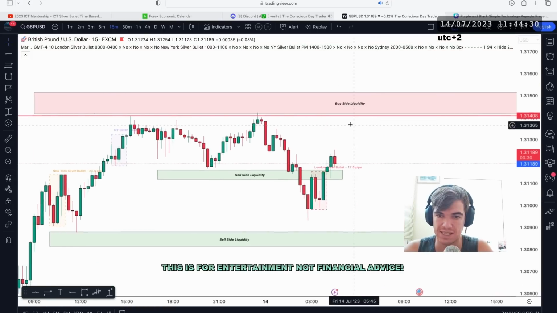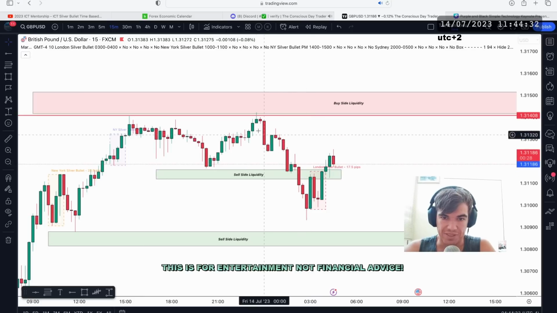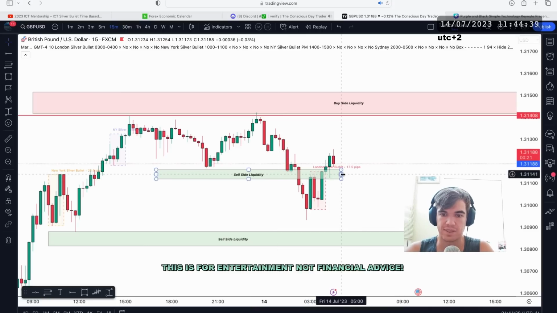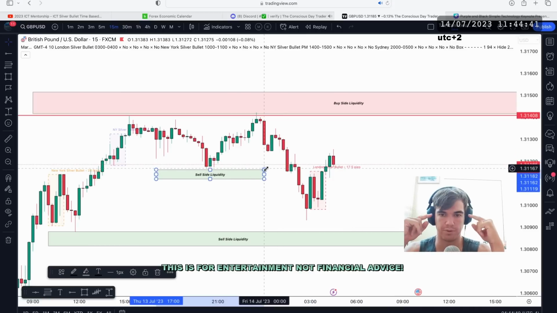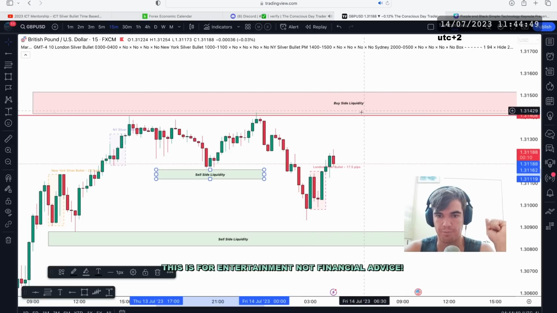So what can we see here? We've had that push down that took out that sell side liquidity. Okay, so let's make it really simple. What do we think is going to happen? Okay, we think that it's going to draw up to take that buy side liquidity.